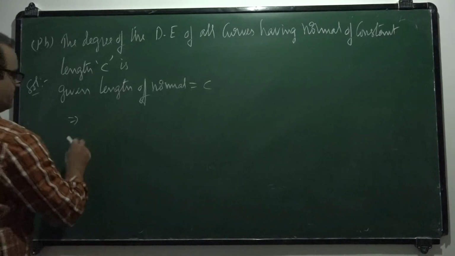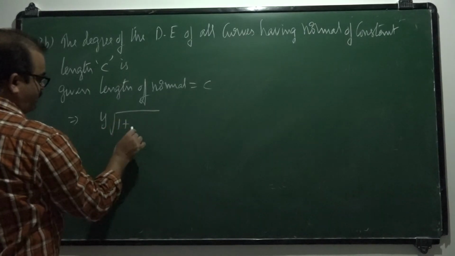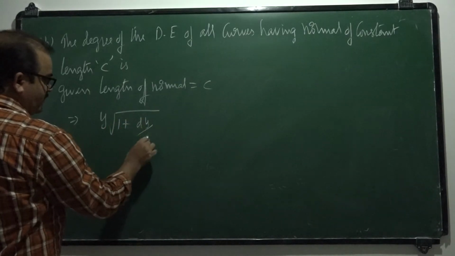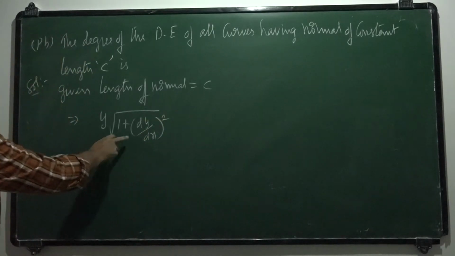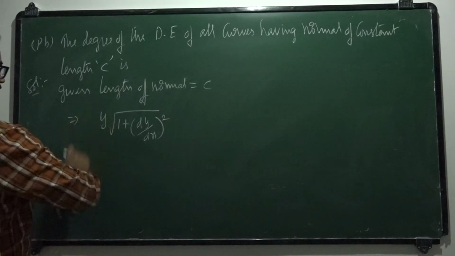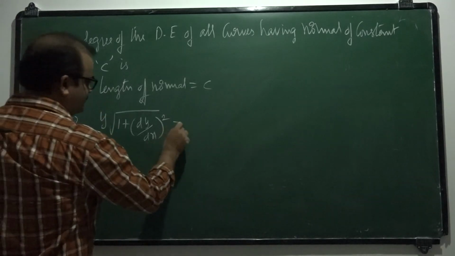Length of the normal is y into square root of 1 plus dy by dx whole square. This is the formula to find length of the normal. This is equal to C.